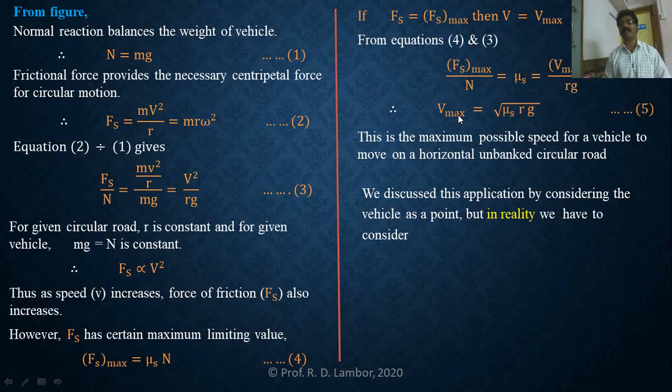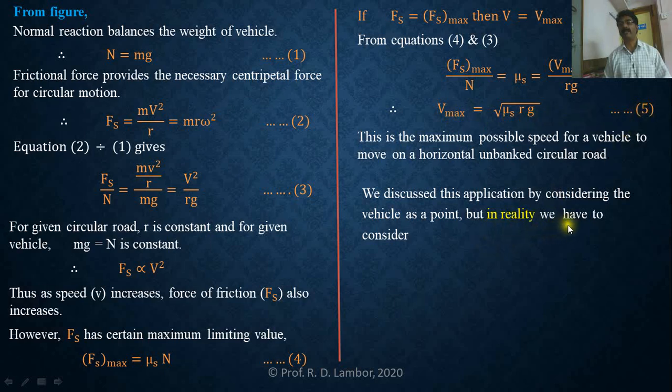If it were a point mass, then all forces would act at the same point, and those forces would get balanced. All forces means three forces: weight of the vehicle, normal reaction, frictional force. They act at the same point if the vehicle is considered a point particle. And then the vehicle can be safely driven if it has the maximum possible speed given by equation 5.